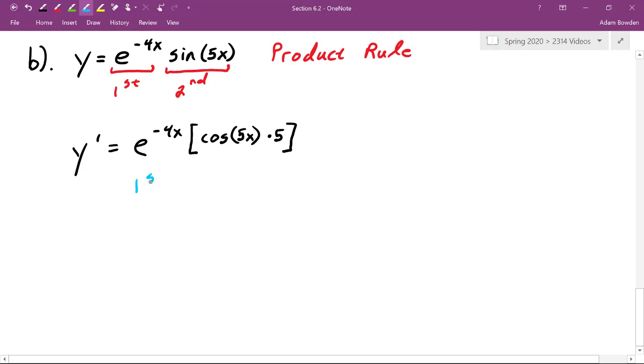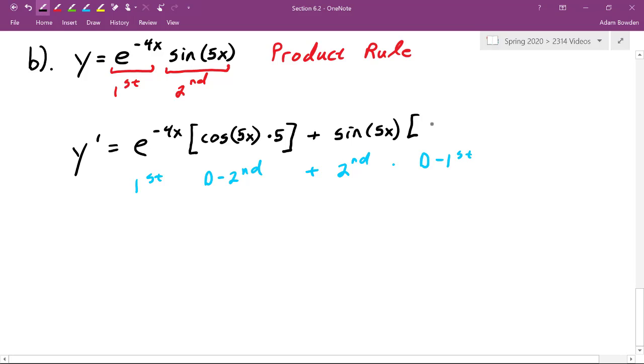So again, what we just did here is first, derivative of second. Then we do the next step, which is the second. So we go plus sine of 5x, and we multiply that by the derivative of the first.